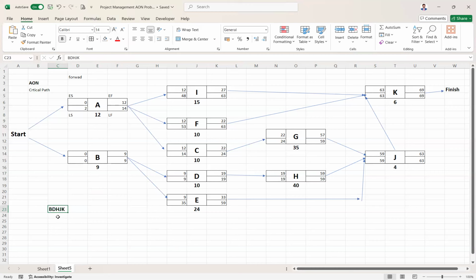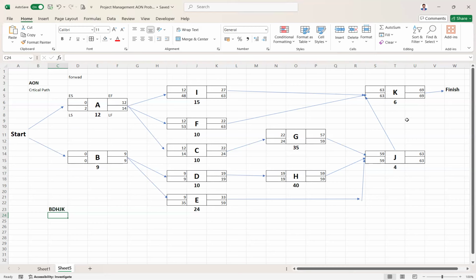See the values of early start, early finish, late start, late finish for B, D, H, J and K. The late start and early start are the same, and the late finish and early finish are the same. Similarly for J, similarly for K. This becomes your critical path.